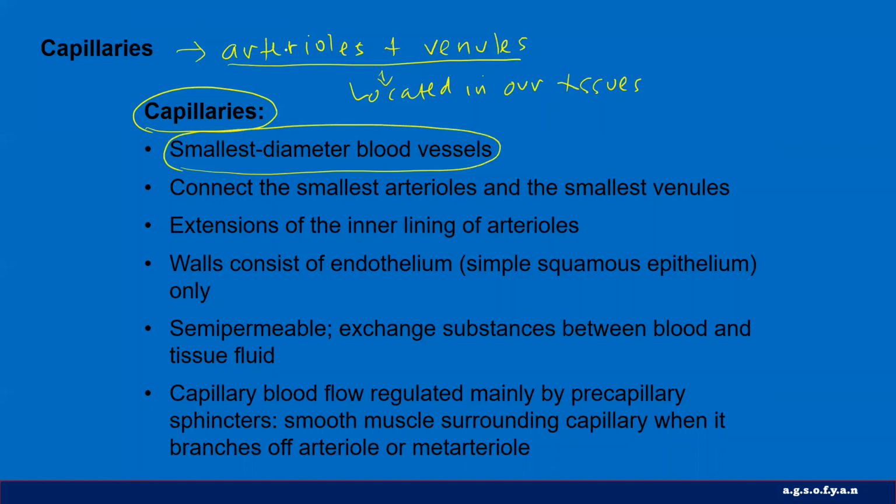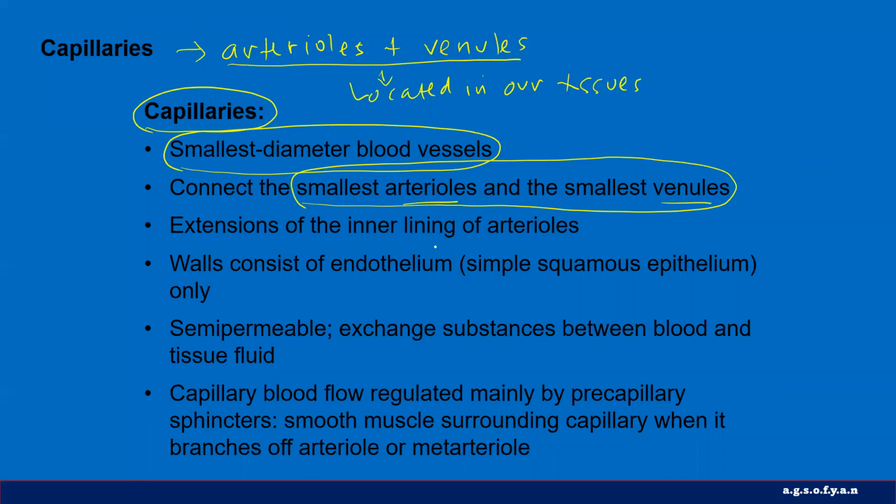We already mentioned that on the arterial side, there are still some bands of muscle, the sphincter muscle. On the venous side, there is going to be less muscle. Again, this connects the arterioles and the venules.